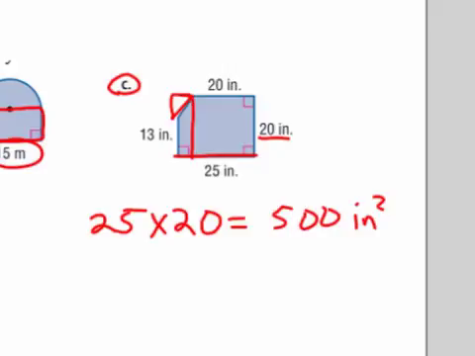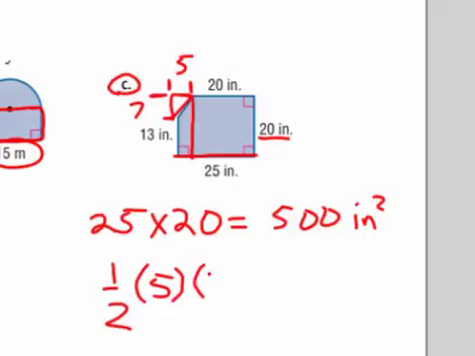And this triangle, from here to here is going to be 7 inches, and from here to here is going to be 5. So it's going to be 1/2 base. We'll call the 5 the base, and the height will be 7.